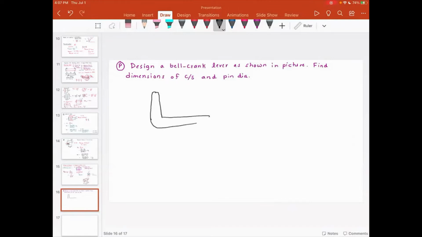Now, an interesting observation here: this is called the bell crank lever, and there is some historical meaning to it. If you look at the church bells, they used to have a lever something like this, and then there used to be a rope. To ring or toll the bell, people would pull on this rope.